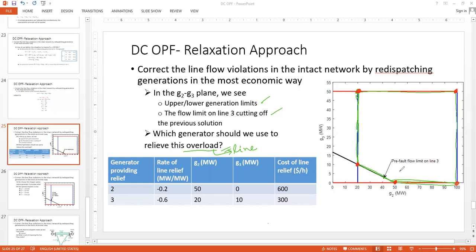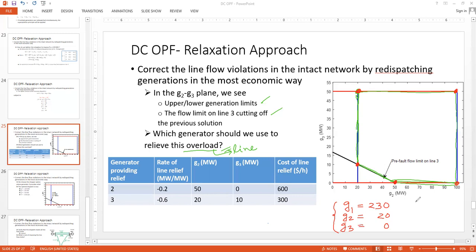So let us see. Remember we also said that because this is an ELD, inherently there is an ELD problem, so we have to make sure that all the generators are participating. We cannot take any value for G1 more than 230. Because why?